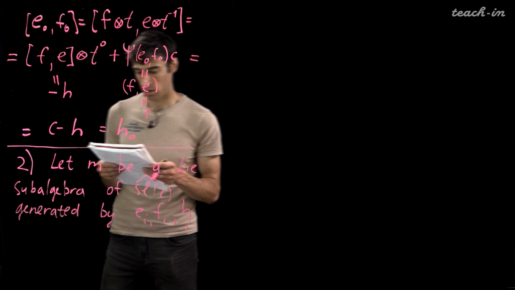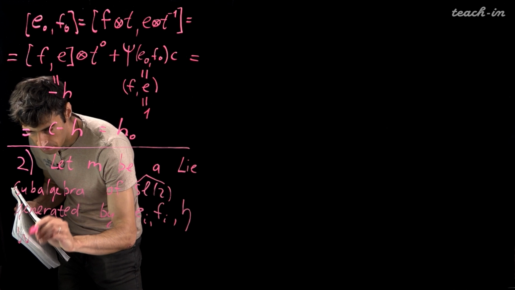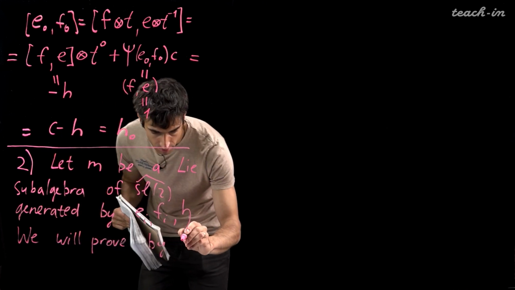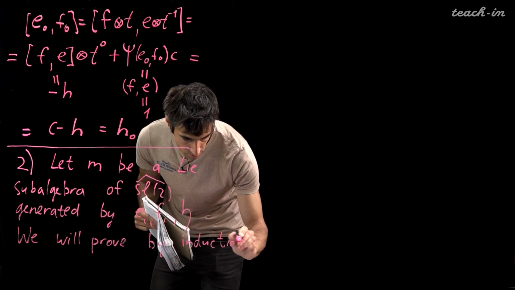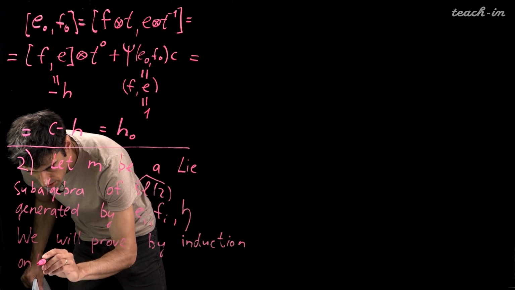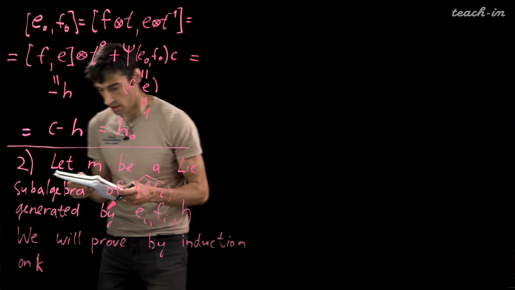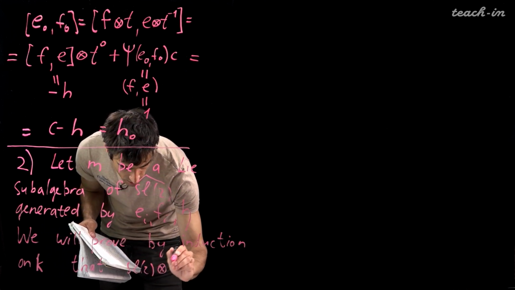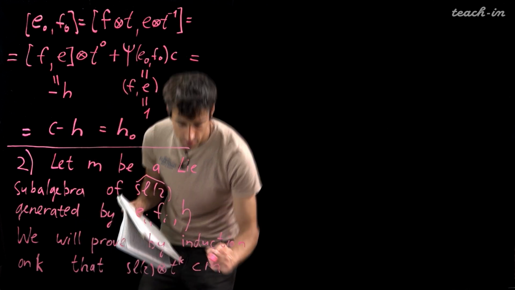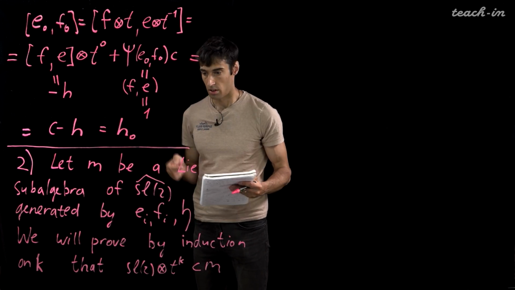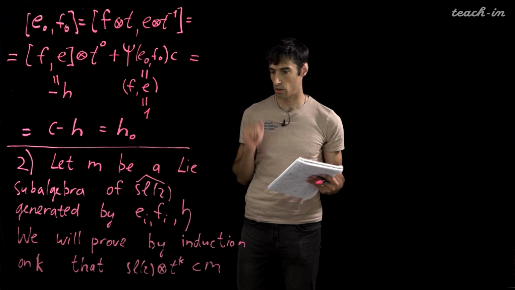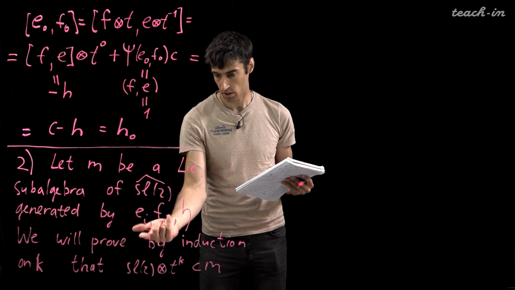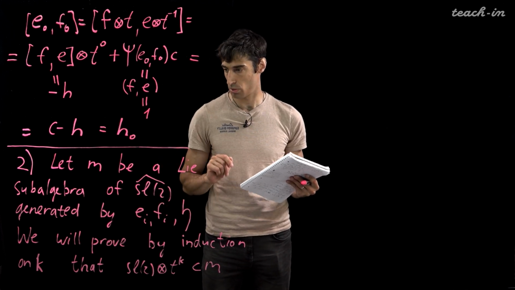Very well. We will do it by induction. So we will prove by induction on K that SL2 tensor T to the K belongs to M for each K. If we do that, then of course we will prove that M equals SL2 hat, because in SL2 hat we have all elements of this sort, and plus also C and D. But C and D already belong in H, right?